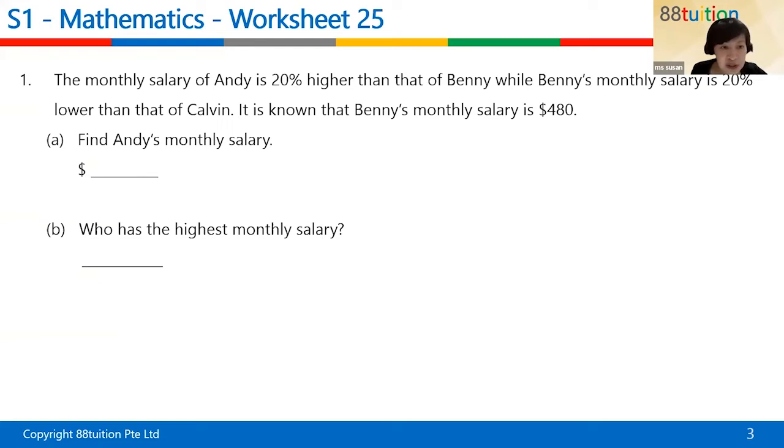Okay, so the first question says the monthly salary of Andy is 20% higher than that of B, which is Benny, and Benny's salary is 20% lower than that of C. If you realize, the way they ask percentage questions is always very similar to what you have learned in PSLE Primary 6.